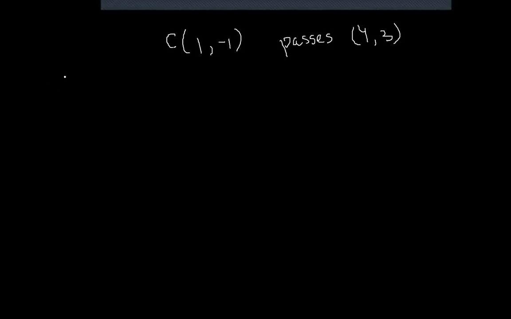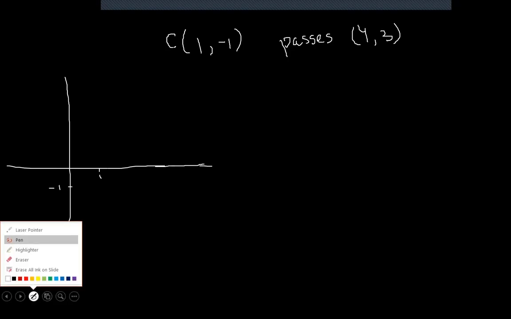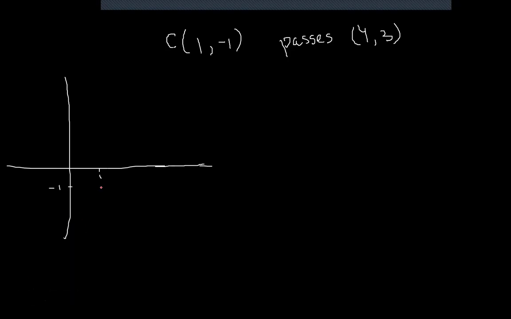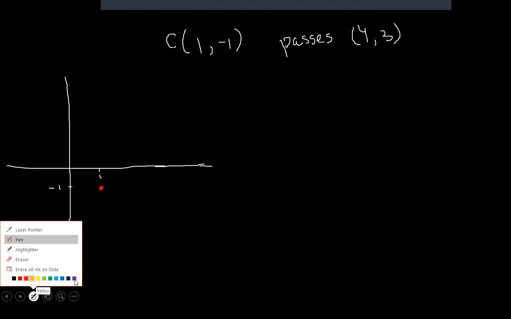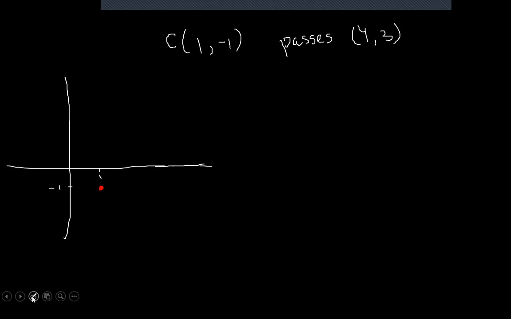Remember, you could do a little sketch. So this would be 1, and this here would be like minus 1. So this point right here would be my center. And 4, 3, that would be like, 4 on the x-axis, so 4 and 3 would be like here.